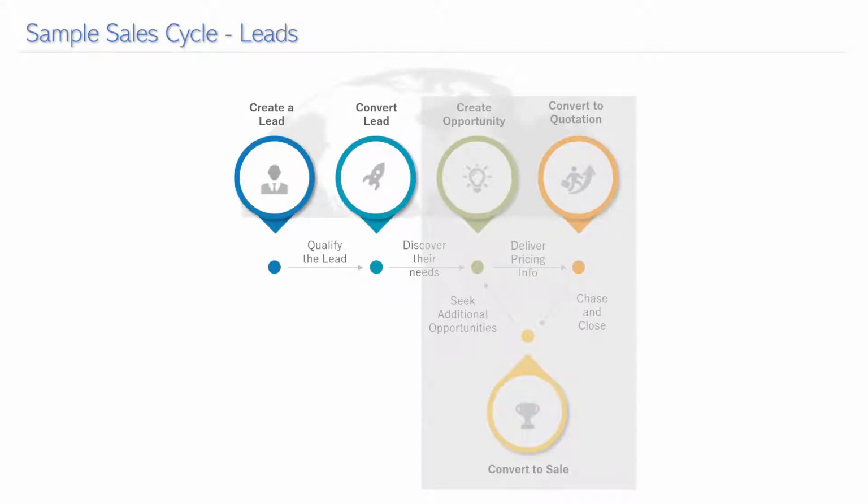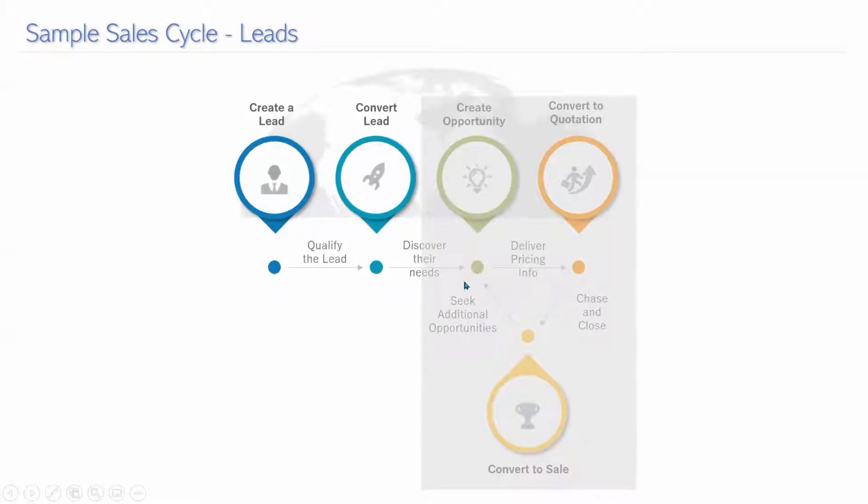And if they match all the qualifications and they're interested, then you take that lead to convert it. So this is the part we're going to cover today. And then in a future session, we'll do just opportunities and then quotes and then sales, so that you will get a full understanding of this whole process.